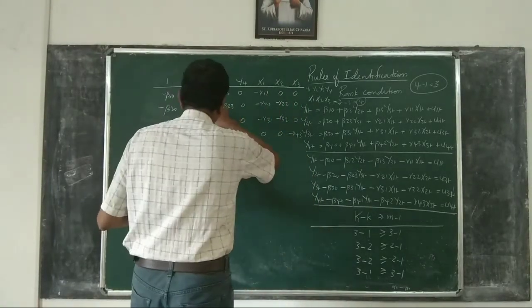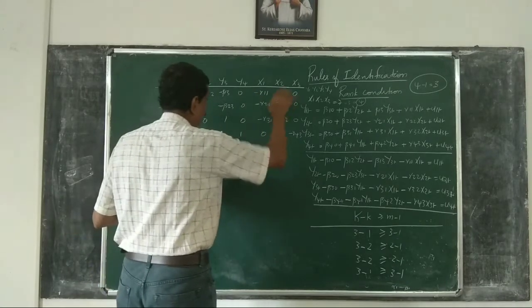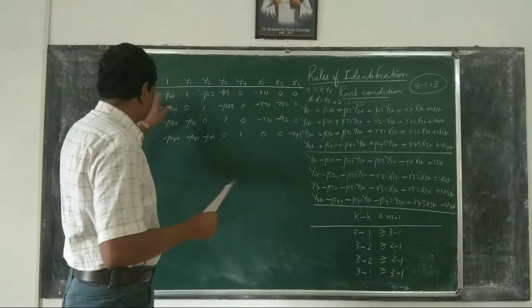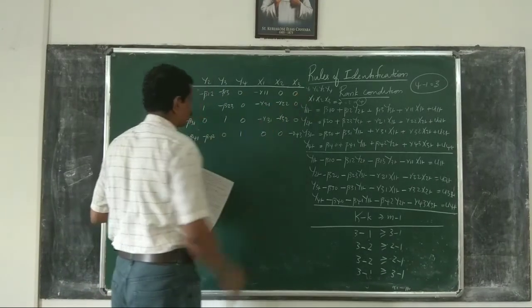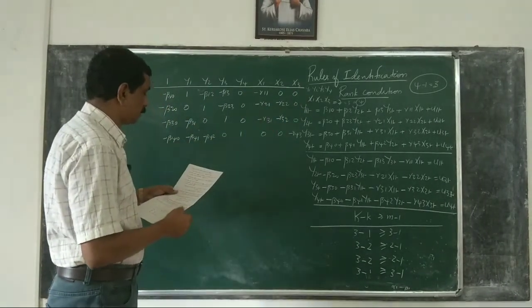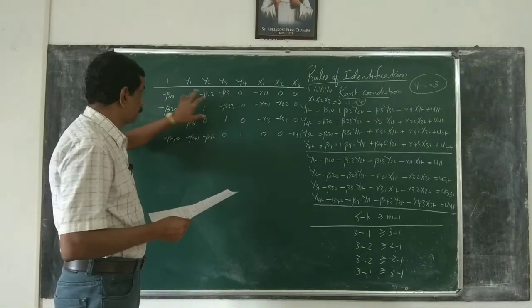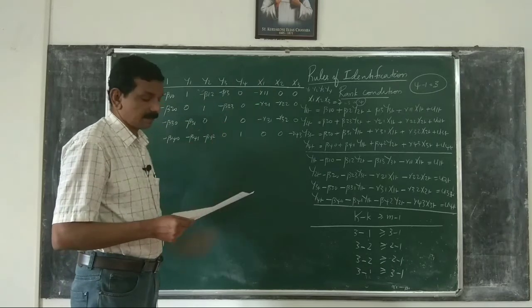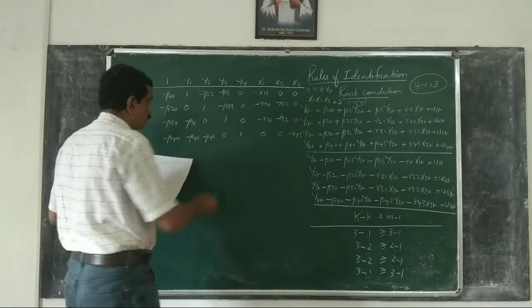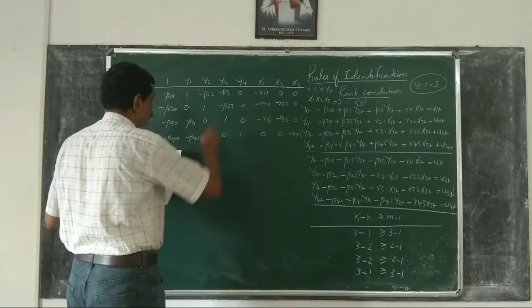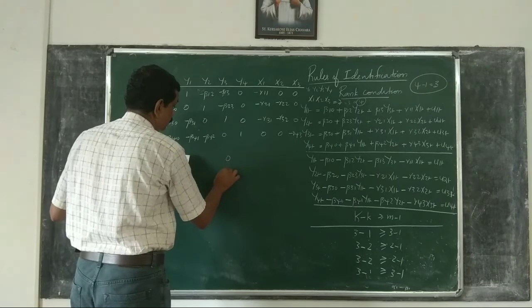We consider only the variables excluded from the first equation. Mentally you strike out the first equation and write the entries in the columns where zeros appear in the first equation. As you can see, in the first equation, 0 appears here. So it is 0, 0, 1.